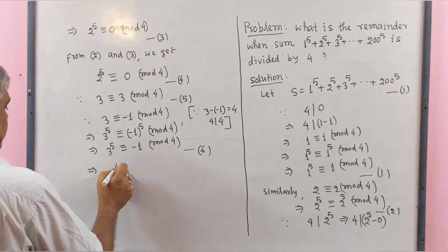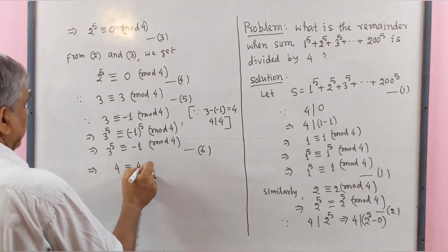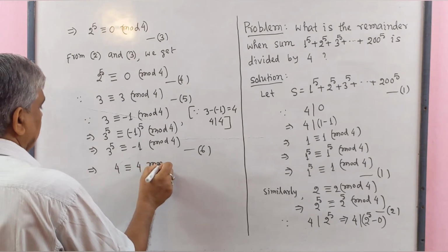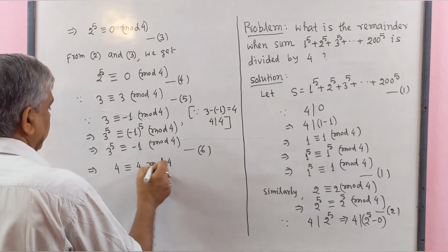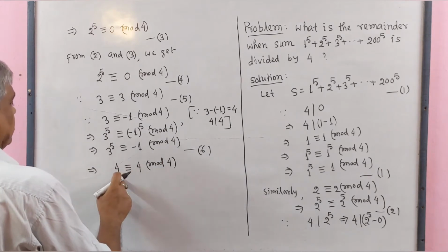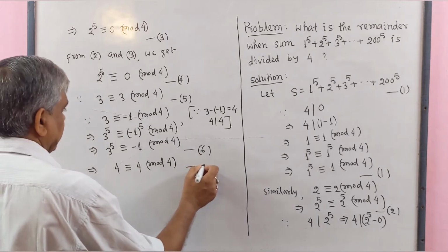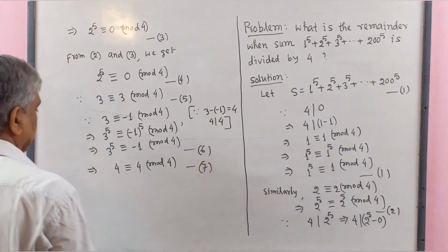Since 4 is congruent to 4 modulo 4, because 4 minus 4 equal to 0, 4 divides 0. This is number 7.